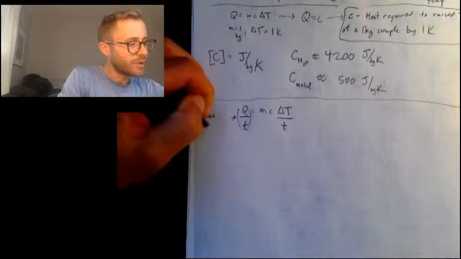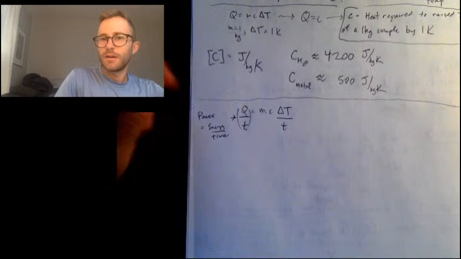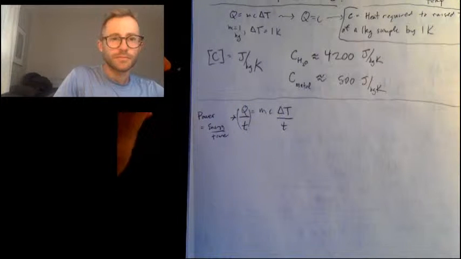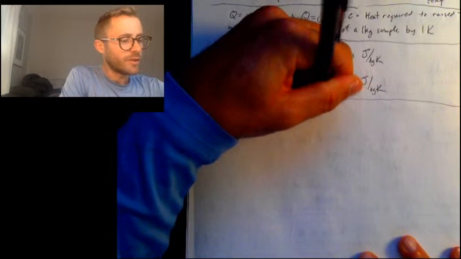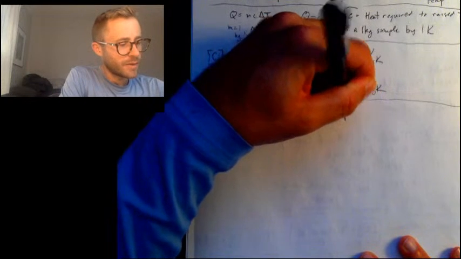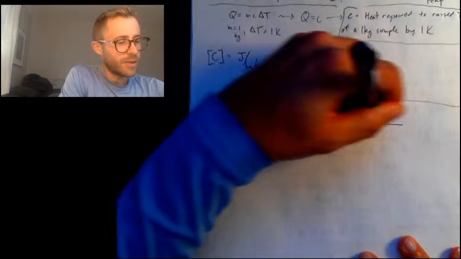Power equals energy per time. So we can write this as power equals mc delta T divided by the time.